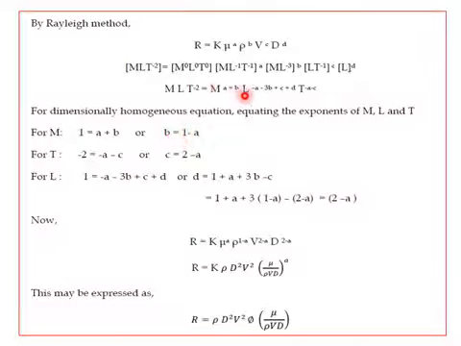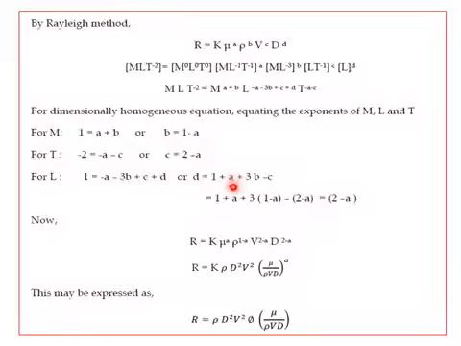Now again for T, minus a minus c is equal to minus 2. So therefore c can be written as 2 minus a. Similarly for L, the power is 1, so 1 should be equal to minus a minus 3b plus c plus d. So therefore d will be equal to 1 plus a plus 3b minus c.